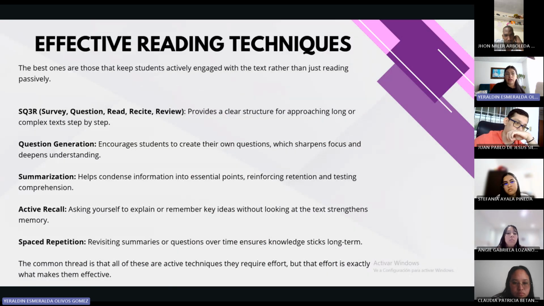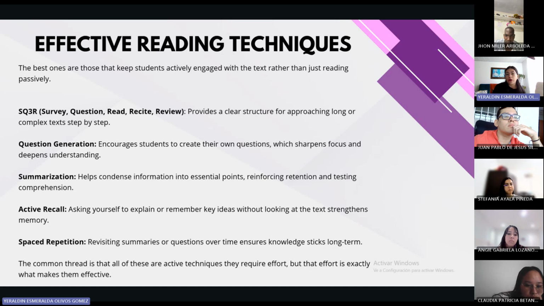Effective reading techniques. The best ones are those that keep a student actively engaged with the text rather than just reading passively. The first is SQ3R: survey, question, read, recite, review.